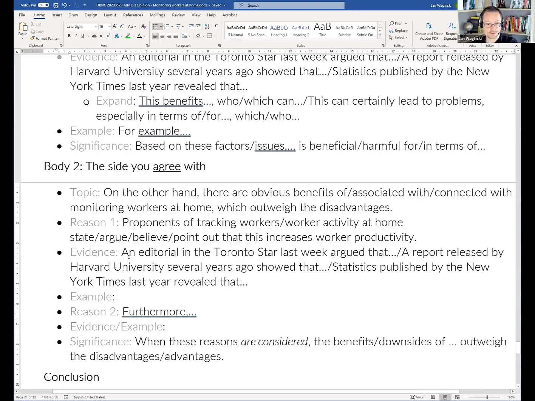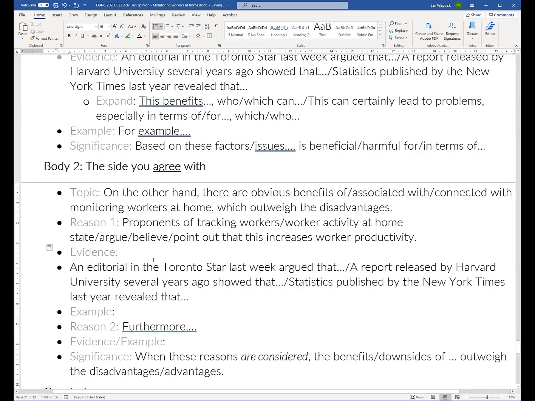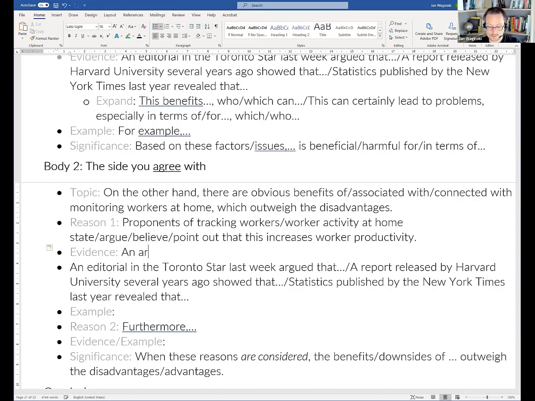Let's use the example of our New York Times article. Okay. Evidence. I can say a report released by BC University. Well, let's use the article that we just did.